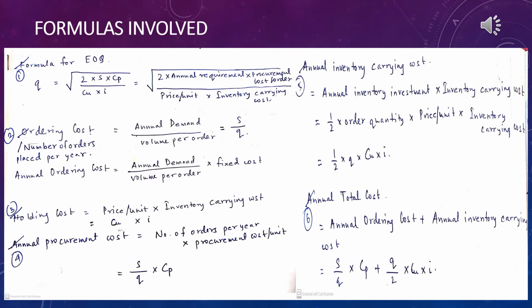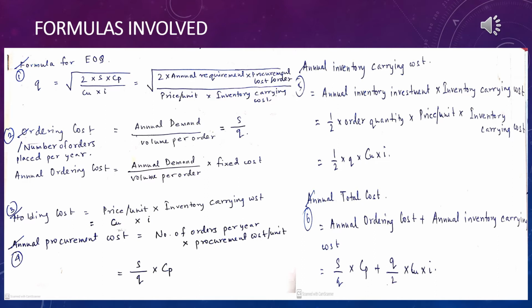Coming back to the formula of EOQ, we have previously said that it is the root of 2 into S into CP divided by CU into I. Now coming to the consumption here, 75 units of an item per month is the monthly consumption, so yearly consumption is 75 into 12.